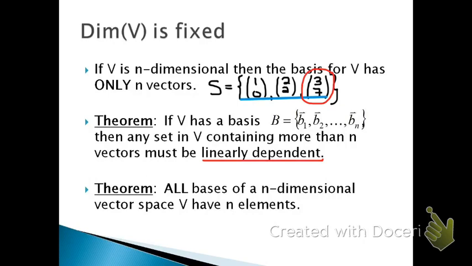We know that because we have 3 vectors in R2, which makes the linear system for this set underdetermined. So anytime I add a new vector to a basis, I end up forming a linearly dependent set. The second theorem says what we already said: if I have any basis for V, and V is n-dimensional, that basis must have n elements.